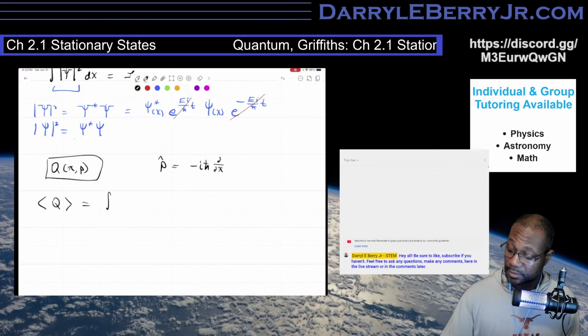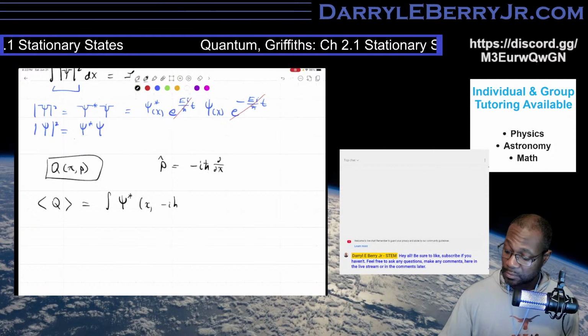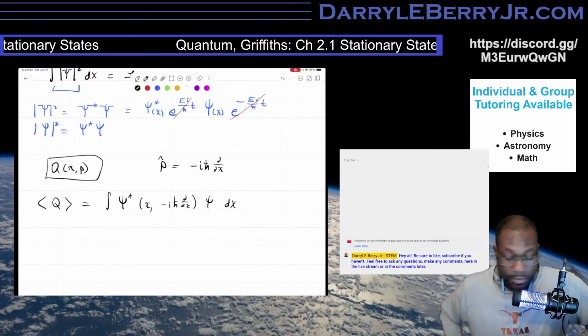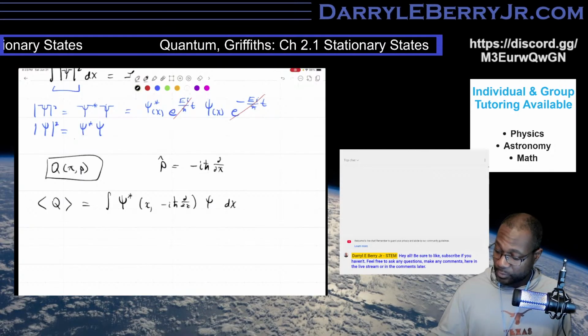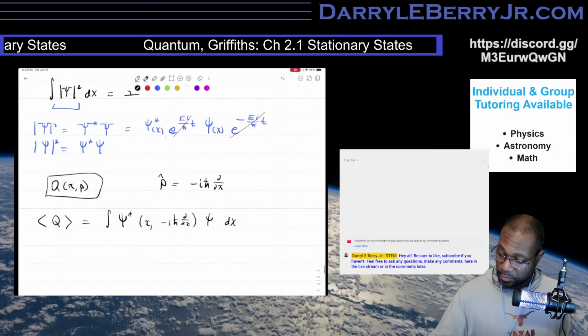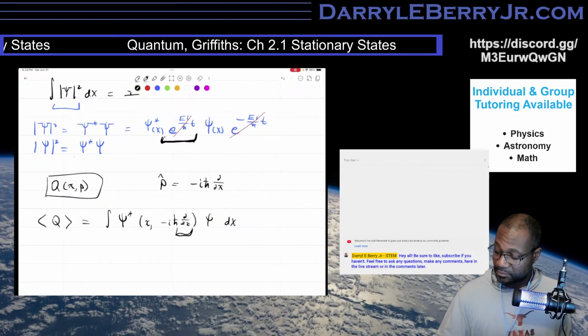this will be psi star times the operator times psi, which comes out to be this. Because if we had the exponential in there, there's no x term in the exponential, so it simply is a variable compared to this derivative.